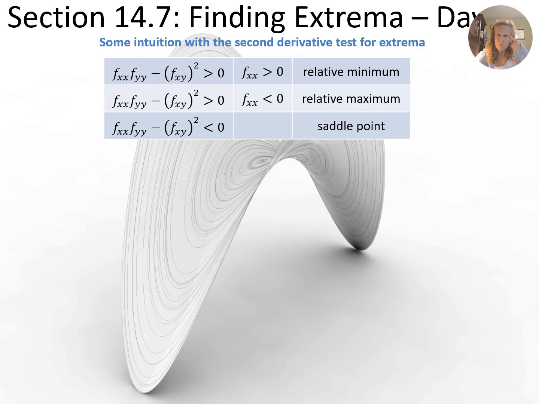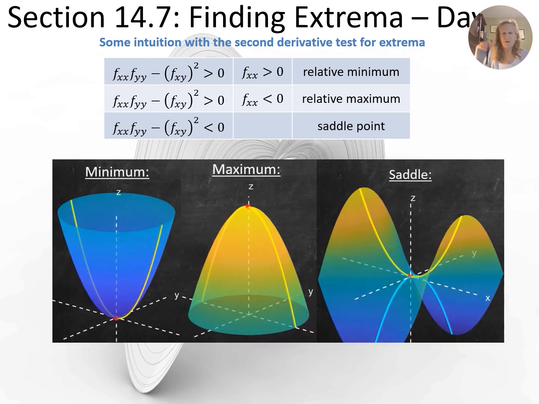Here's my thought process. There are some pretty pictures of a paraboloid that is obviously concave up everywhere, one that's concave down everywhere, and then a saddle point. I have some paths highlighted. Do you see that? If I follow this path, and notice this path is parallel to the x-axis, and really if I follow any path along there at this point, the concavity is in agreement.